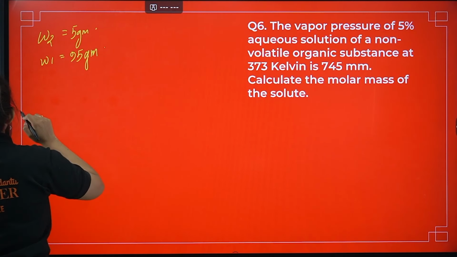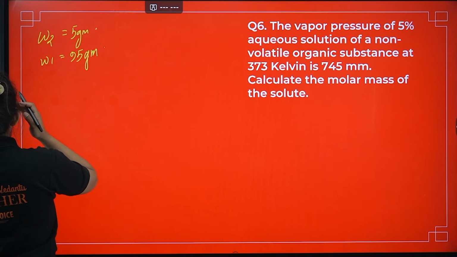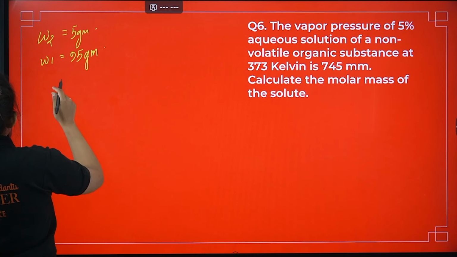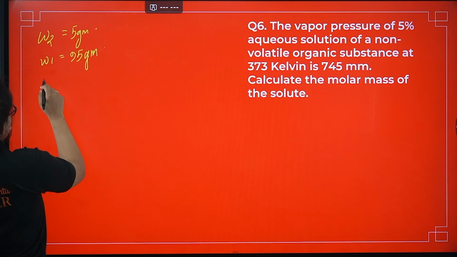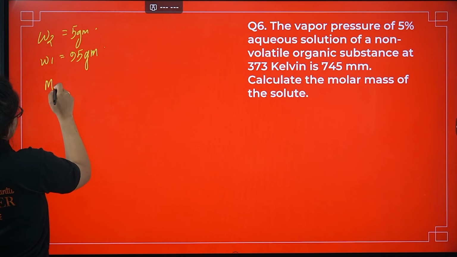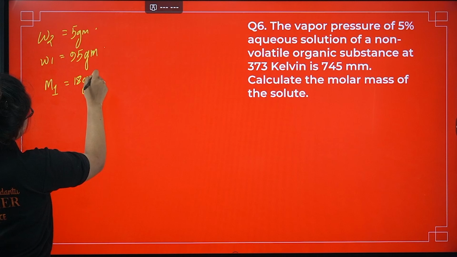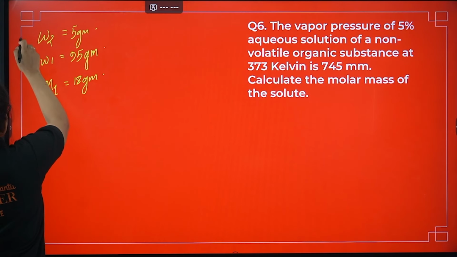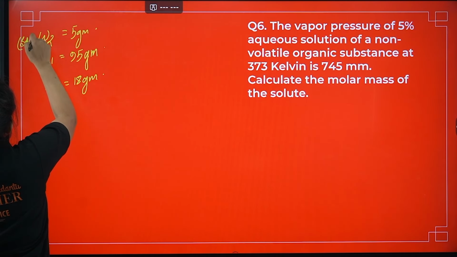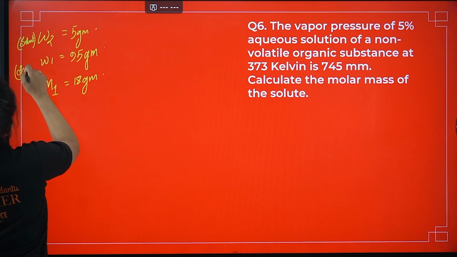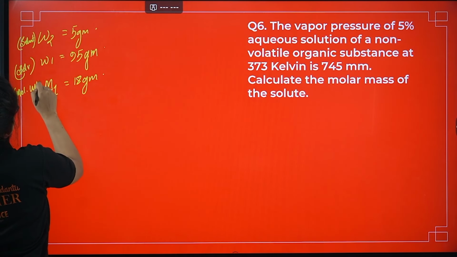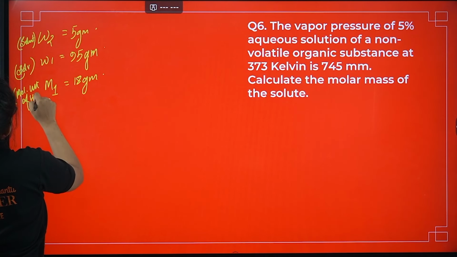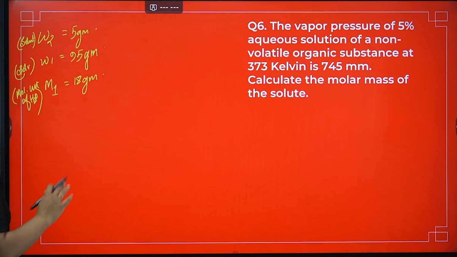Next, the molar mass of the solvent, water, is 18 gram. That is the solute, and this is my solvent, the molecular weight of H2O. I guess this is clear.